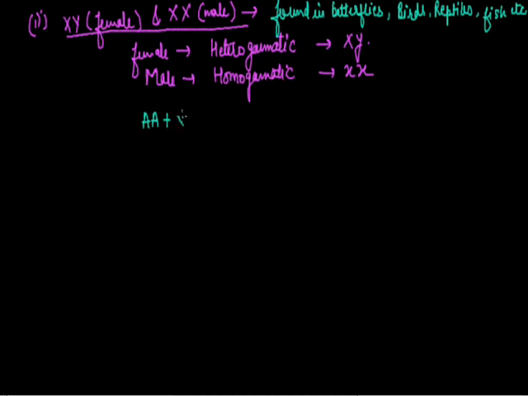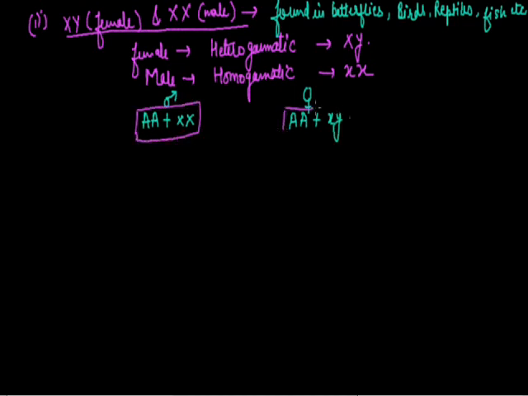If I write XX, that means this one will be the male of the species, whether I talk about butterfly or bird or reptile or any kind of fish. So I can take a common example. While the female is expressed as AA, A stands for autosomes, and the sex chromosomes are XY.